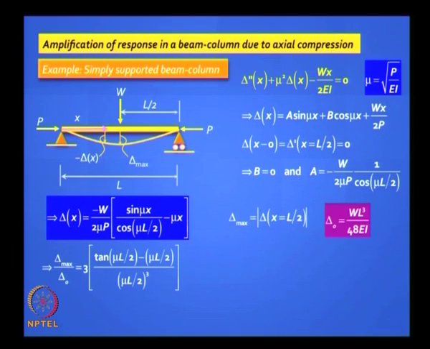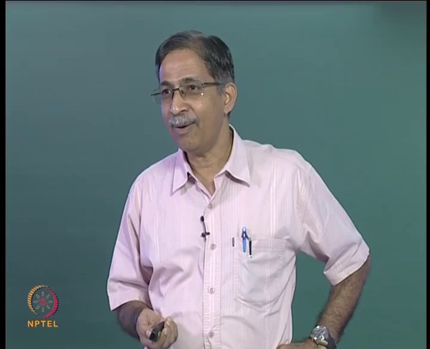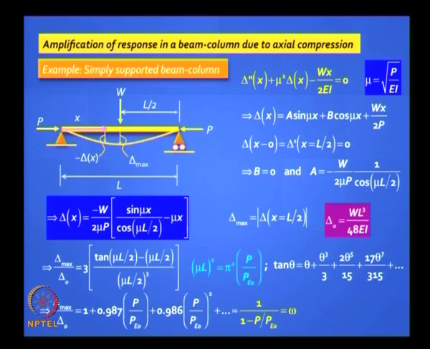I expand it in a series. What's that series called? The Taylor series, but in this case it's a Maclaurin series, right? So you expand it, also you expand mu L squared, and when you make those substitutions, you can find out that that series approximates to exactly 1 divided by 1 minus P by PE.